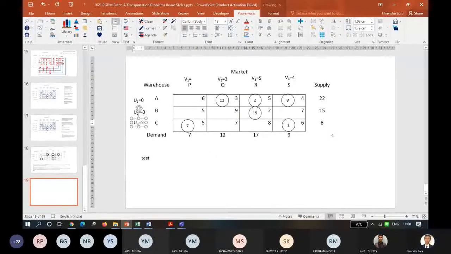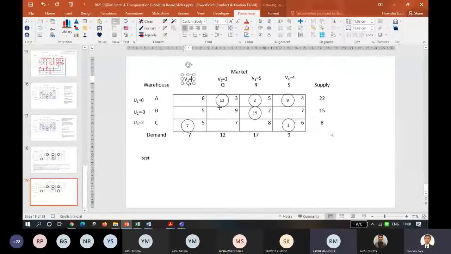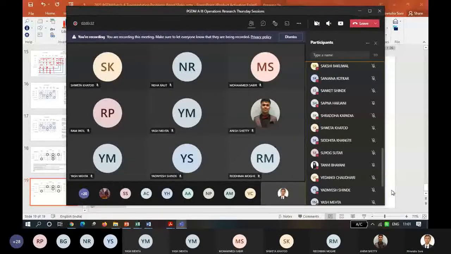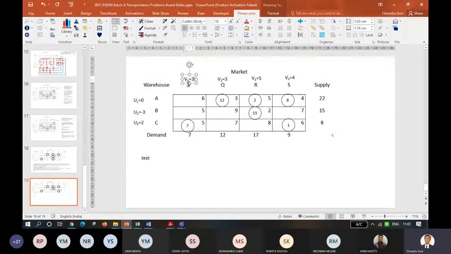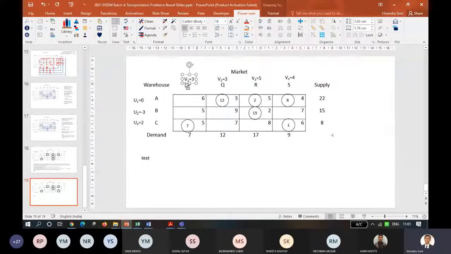Good. What about V1? Sabir? Sir, 3. V1 would be... हाँ सुयो, आजा भाई बोल. What would be the opportunity cost for this cell?